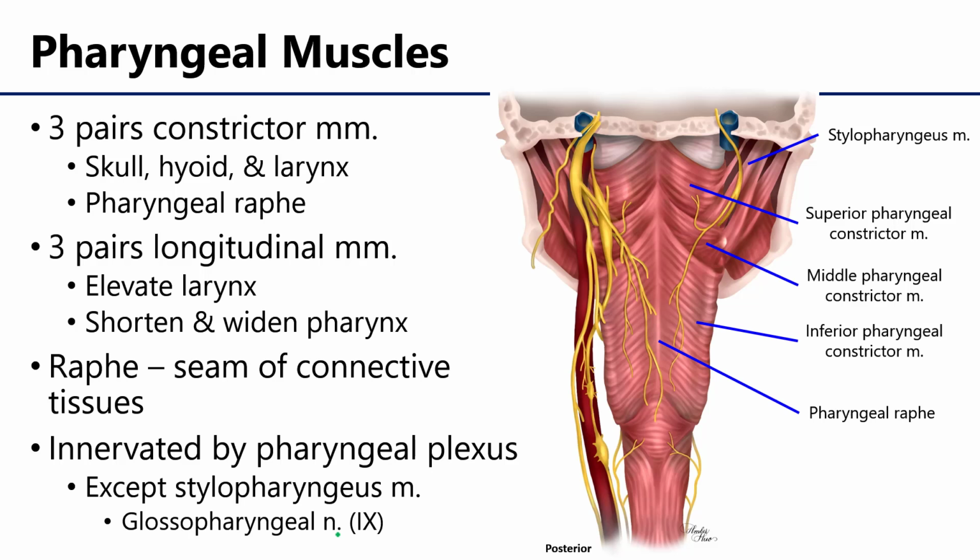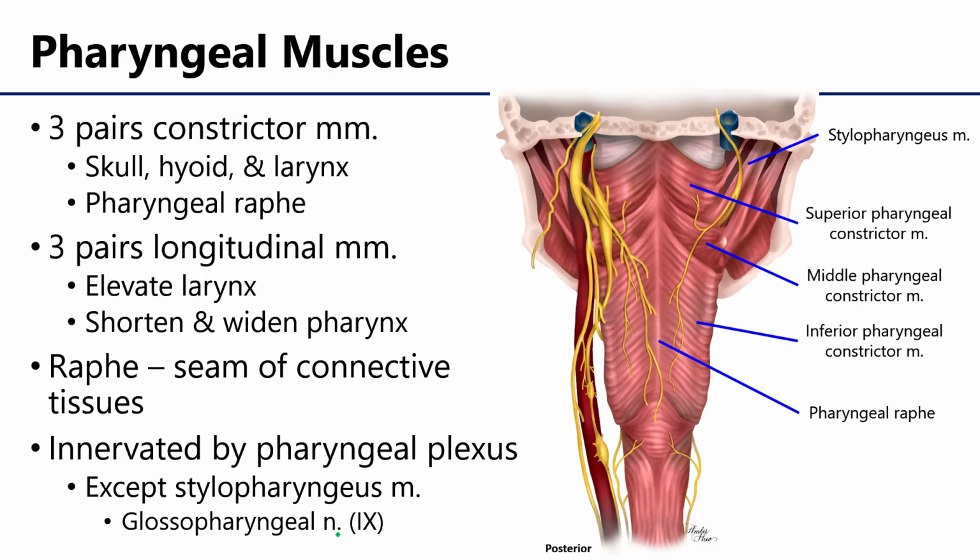So the pharynx consists of a muscular wall posteriorly and laterally. Anteriorly, this is going to be contiguous, still with the nasal and oral cavity, as well as the laryngeal inlet.